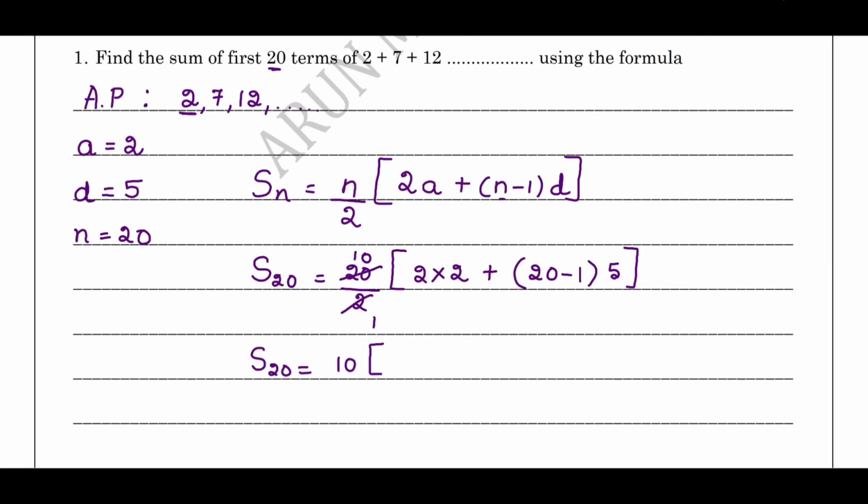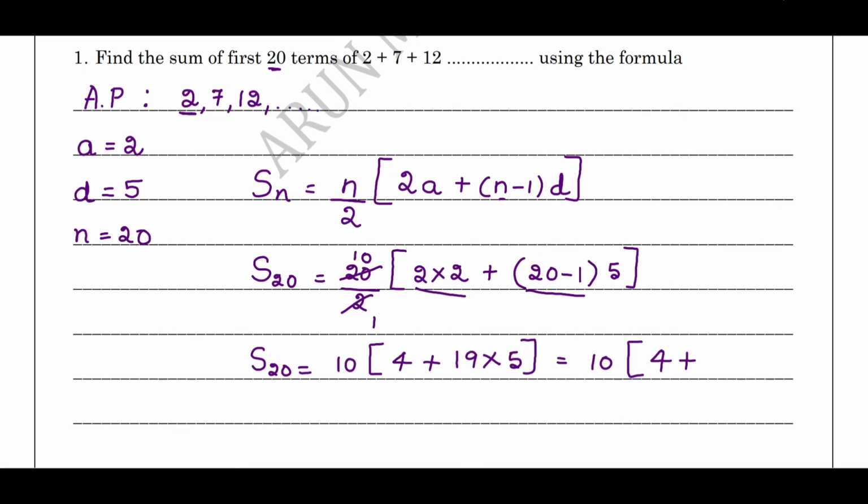Now, 2 into 2 is 4, plus, inside the bracket first, 20 minus 1 is 19 into 5. Do follow the complete steps: equals 10 into 4 plus, what is 19 into 5?